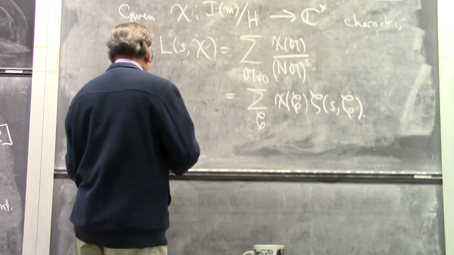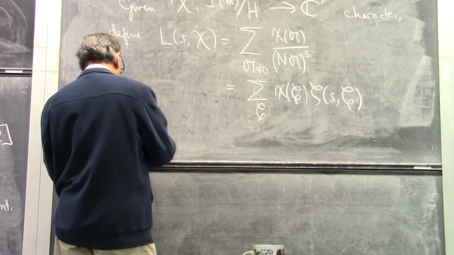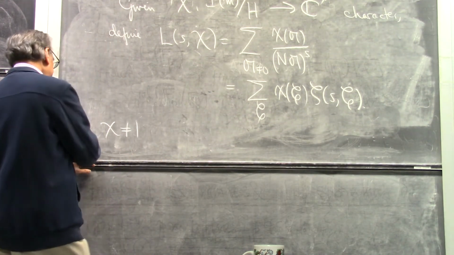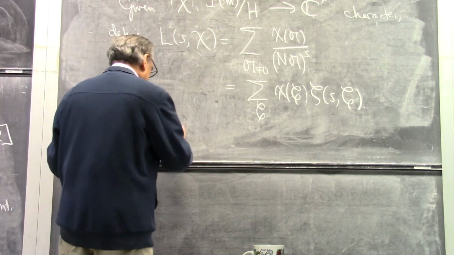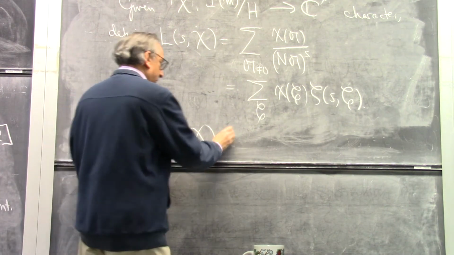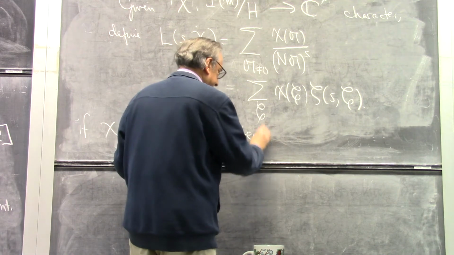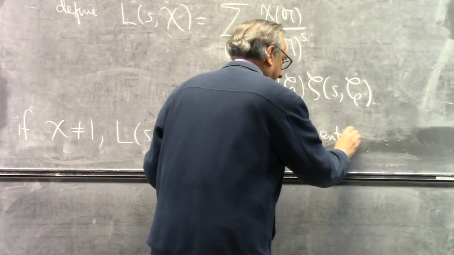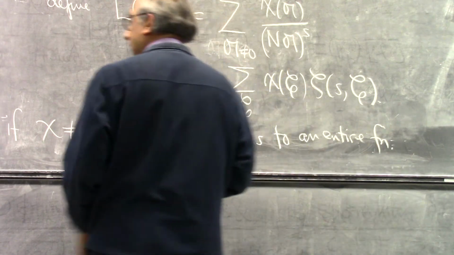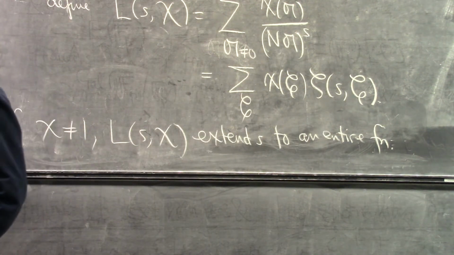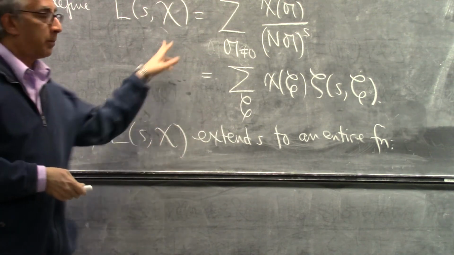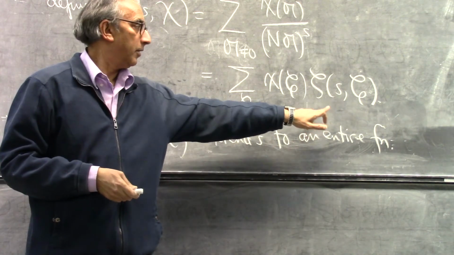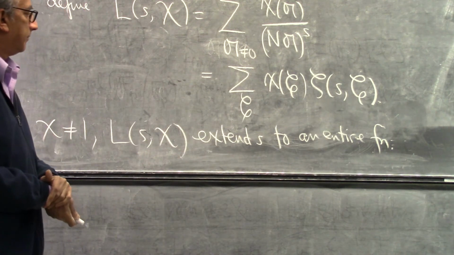So L(s, chi), if chi is a non-trivial character, extends to an entire function. And using the functional equation of the zeta function here, you can get the appropriate nice functional equation for L(s, chi).